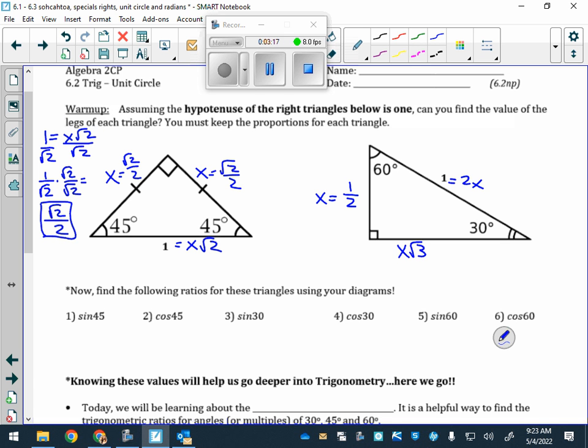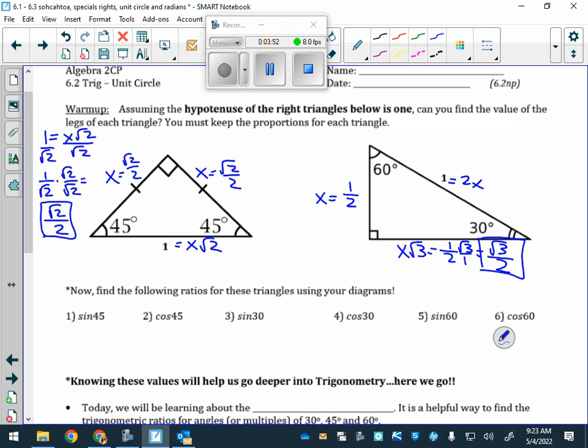What is across from 60? A lot of you had 1/2 root 3, which is correct. However, you can multiply those together to simplify, so we have root 3 over 2. Across from 60 is root 3 over 2.